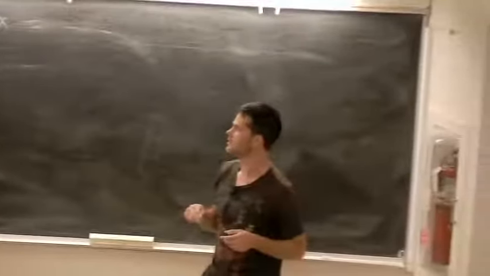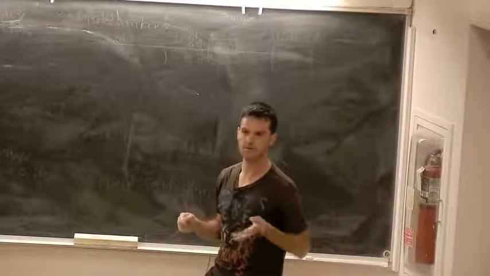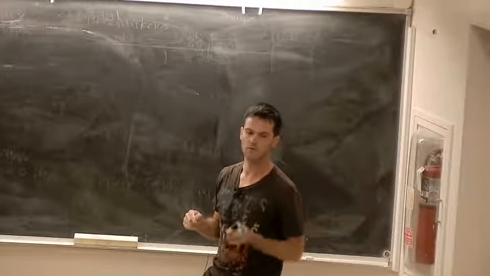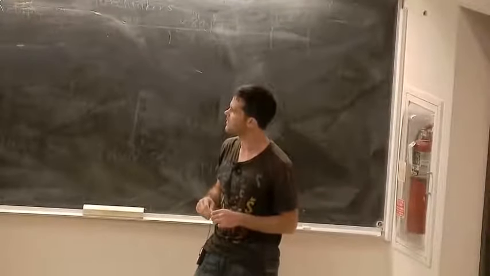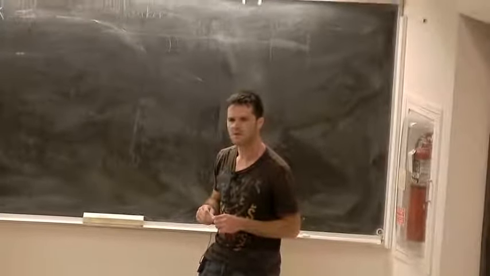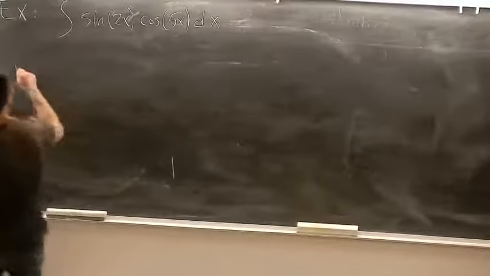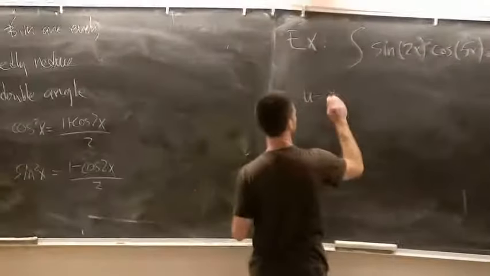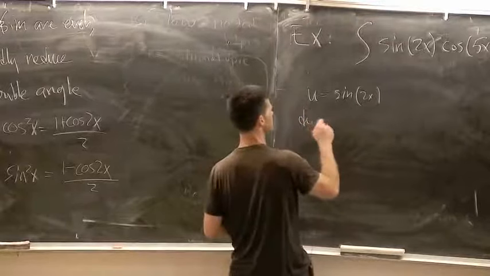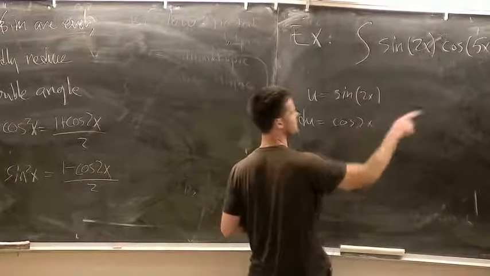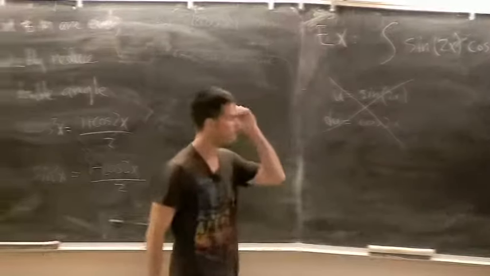All of a sudden, all of the tricks that we've learned so far don't work. Not on this. Like if you try and do a u sub, it doesn't work, right? If u was sine of 2x, then du would be cosine of 2x, which is not the same as cos 5x, so that doesn't help.